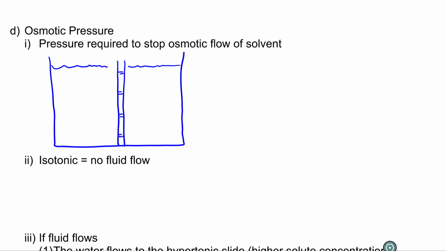If I started it like this, then what would happen? Eventually this one would drop, and if the chambers are the same size, it would drop to half its height and stop. The reason it would stop is because on the other half you have water levels that are like that. So this is initially, and this is at equilibrium.